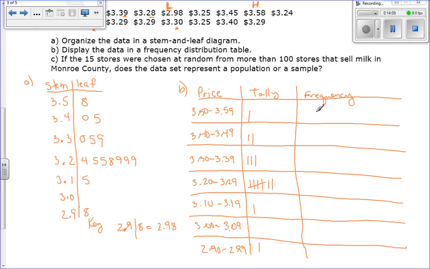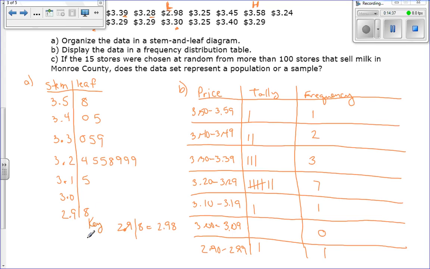Frequency is just the number of tally marks you have. 1, 2, 3, 7, 1, 0, 1. And if you look at our stem-leaf diagram and our frequency table, they actually line up. I have one piece of data over here in my leaf. Here I have 2, here I have 3, here I have 7, 1, 0, and 1.